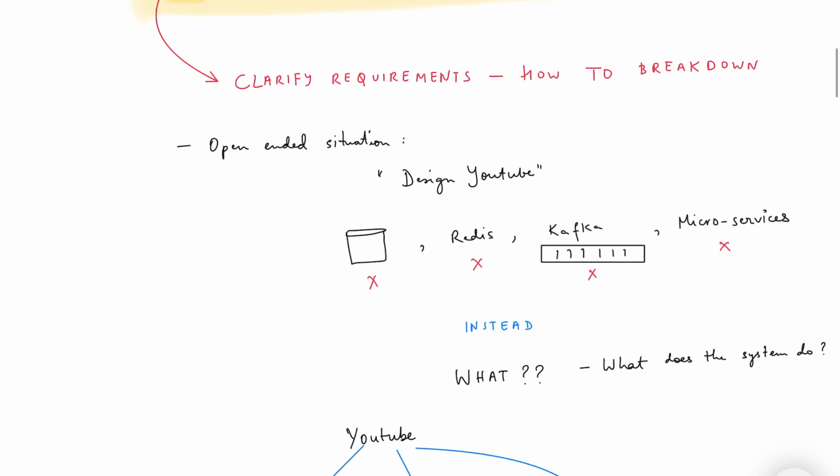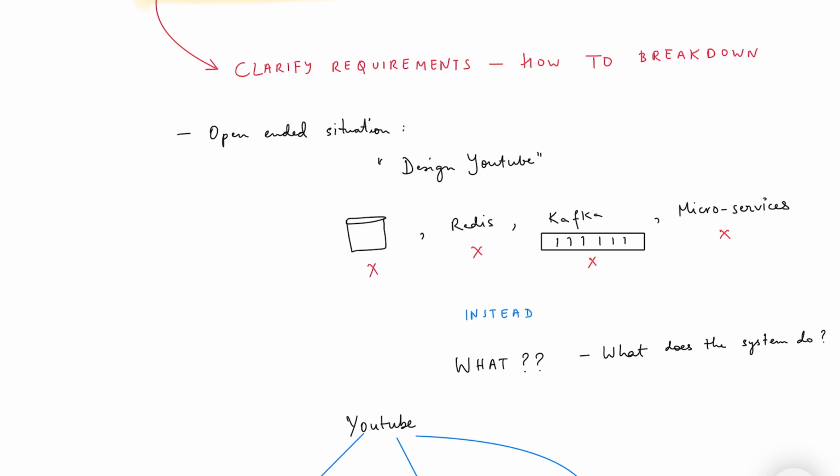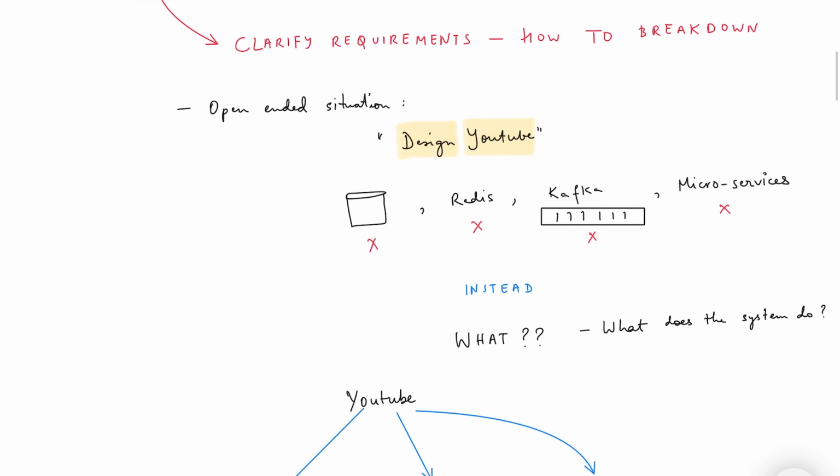So let's say we are given an open-ended situation where we are asked to design a system like YouTube. When we hear this, generally, as we do not have a very structured way to approach this problem, we start thinking in terms of what database we'll use, whether we'll go for caching or not, whether we'll use message queues or not, whether we need microservices architecture or whether we go for monoliths.